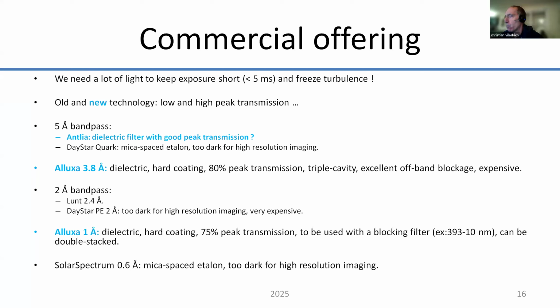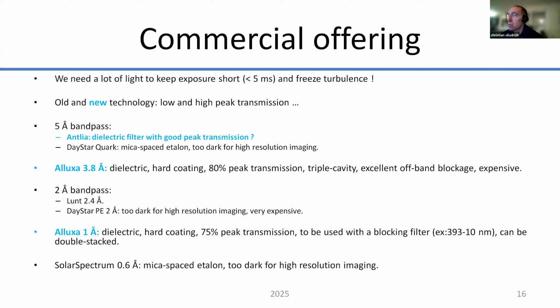So what do we have now? A lot of choices. If we go with the 5 angstrom bandpass, we have this new filter, Antlia. I don't have much information about this, but it seems to be very good with good peak transmission. And the cost, I don't remember, maybe less than $1,000, something like this.